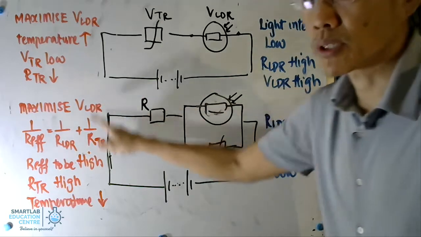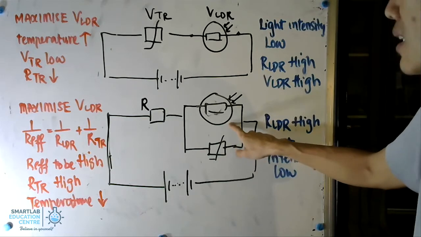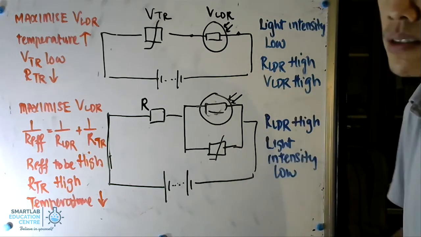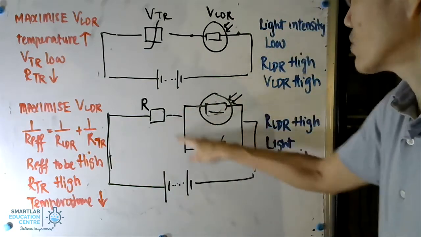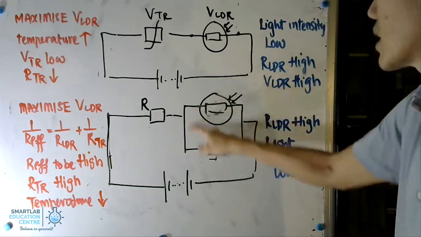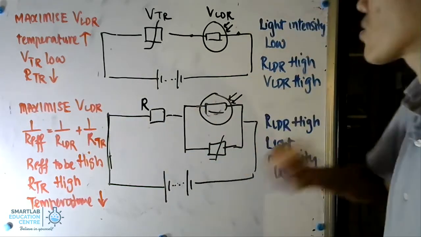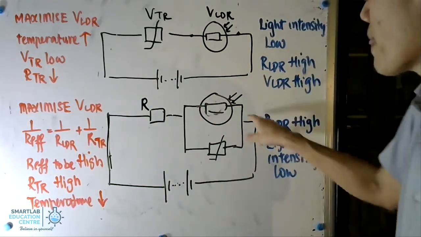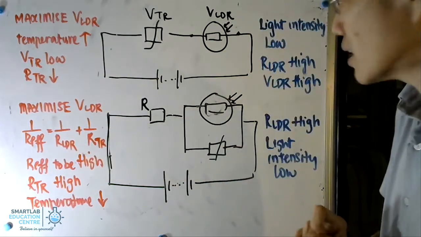Now in the second example, we have both the thermistor and the LDR in parallel, connected to an external resistor R. In this case, we will work out the effective resistance. In the same vein, we want to maximize the potential difference across the light-dependent resistor. The effective resistance is given by the expression here.